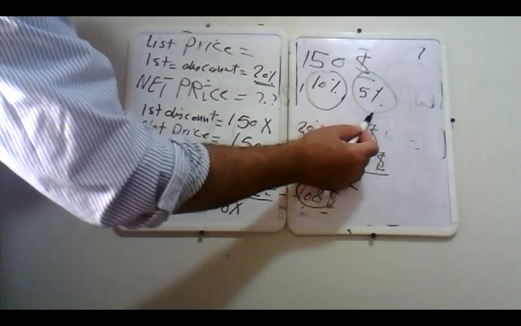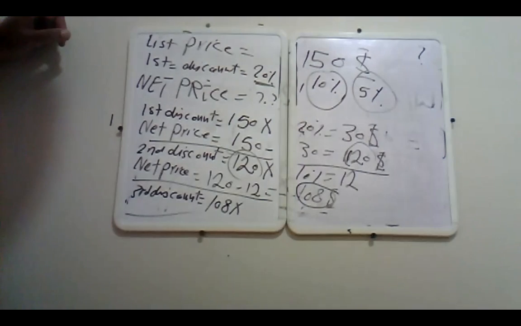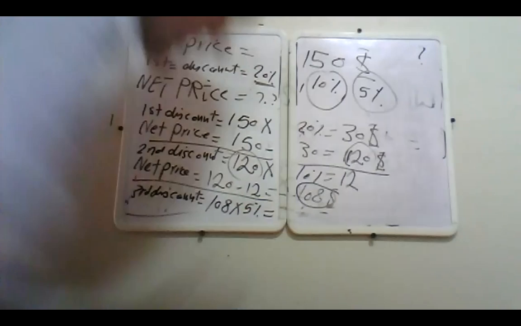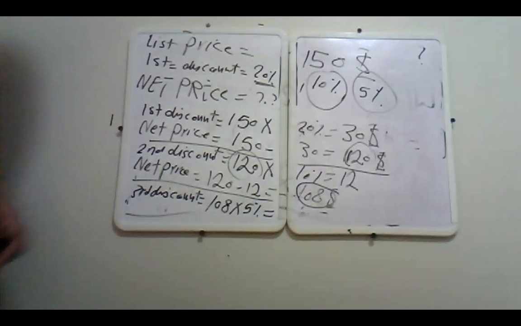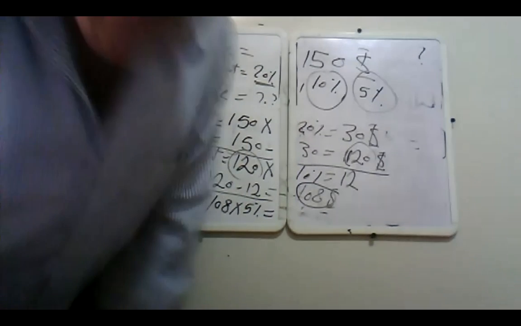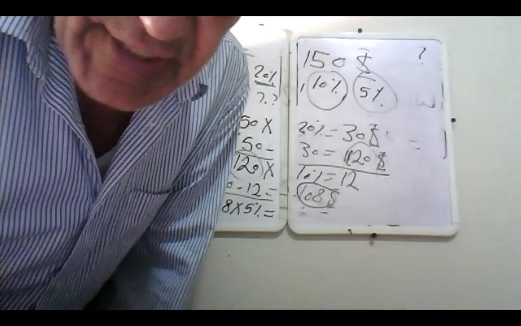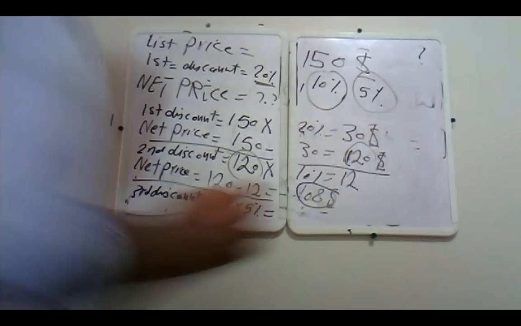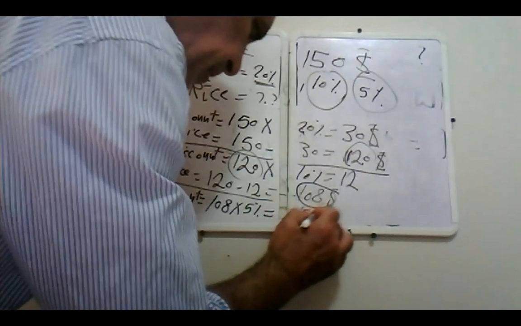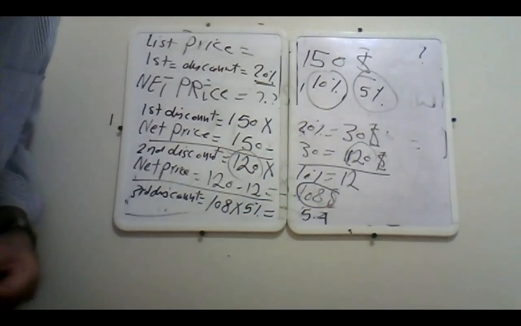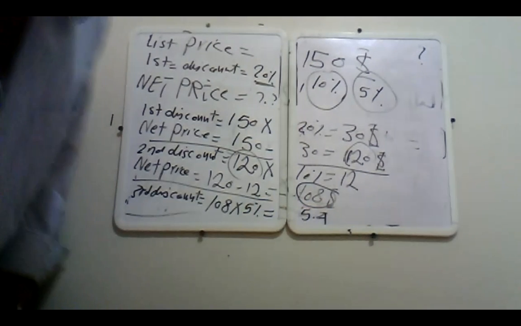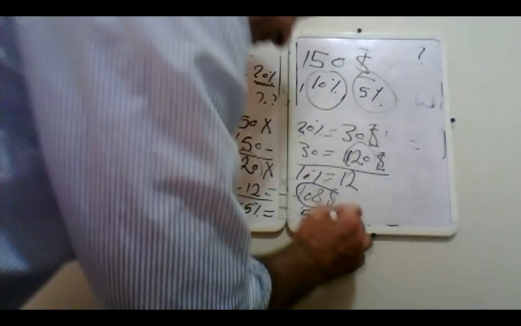The third discount is 5%. 108 multiplied by 5%, let's see how much the result of it is. $5.4, means $5.40.